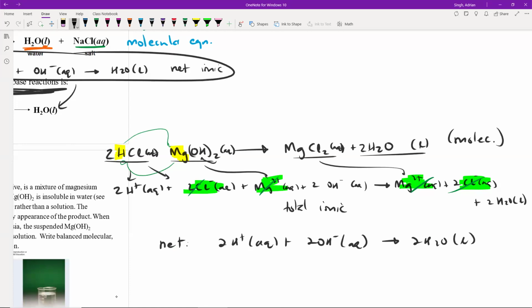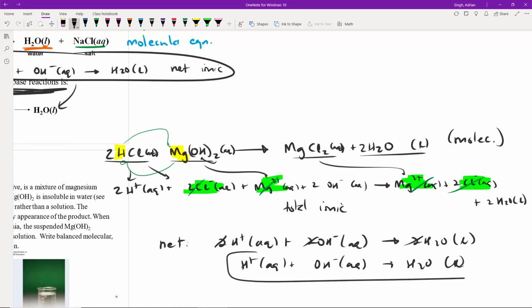All these 2's are the same, so we can divide everything by 2. We end up with H plus and OH minus to give H2O, which is the same equation that we saw previously.